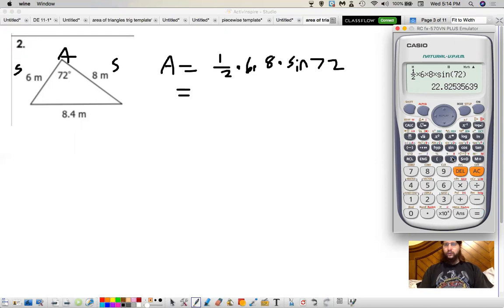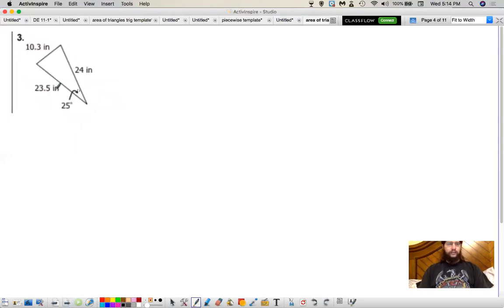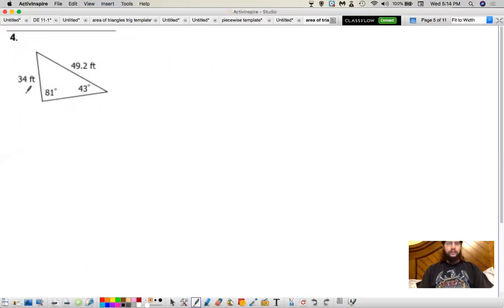And that'll give us 22.8. Units are meters, so that's going to be square meters. It is area, by the way, so we have square units to deal with. This one, same thing, side, angle, side.